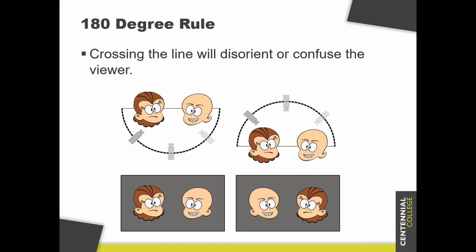We don't want to confuse our viewer. We don't want them suddenly stopping and saying, whoa, wait a minute, what's happened here? Why has everybody moved around? We don't want that at all. We want to make sure that we maintain the screen space. In doing so, it's going to allow our viewers to continue either playing our game or watching our cutscene or whatever it is without questioning the production of it, right? They're just going to be watching and engaged within it.